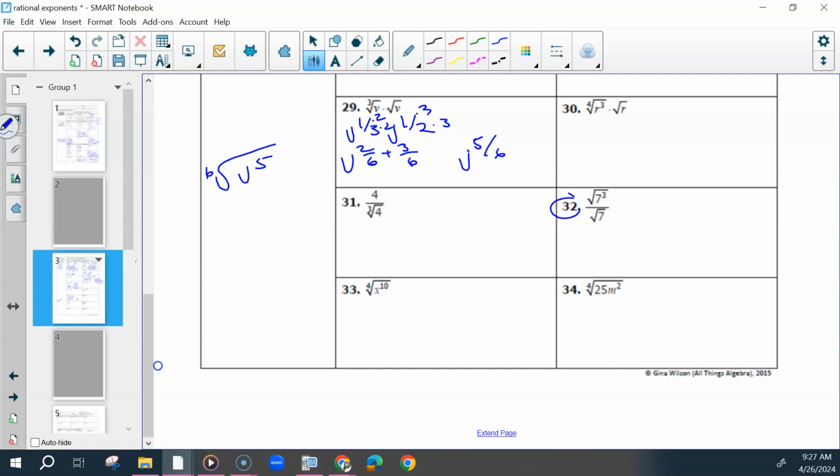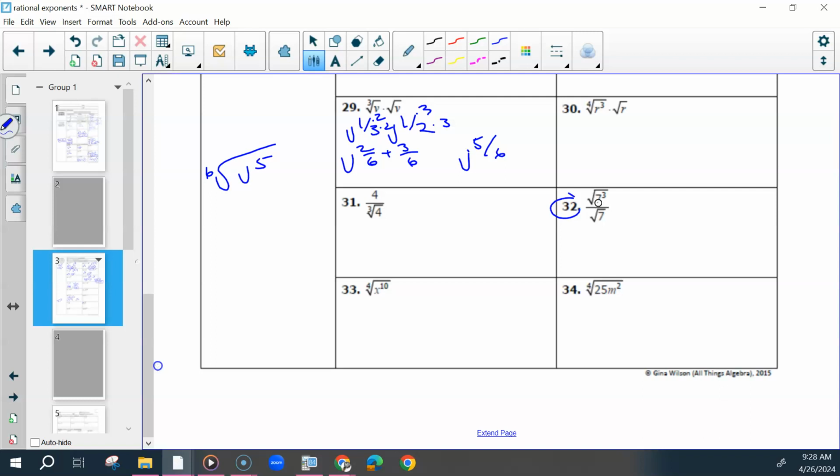And how would I write this in exponential format? What type of root is it? It's not a cube root, because there's not a 3 out there. It's not a 4th root. It's just a regular square root.